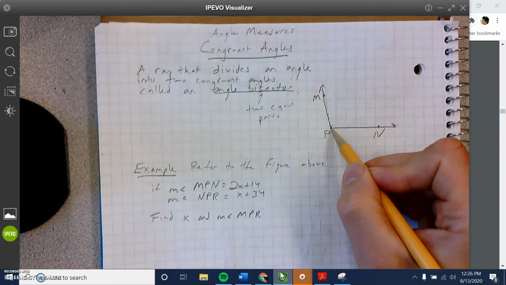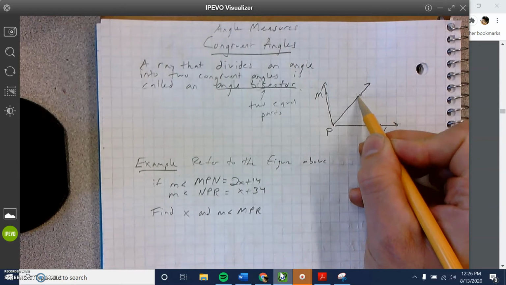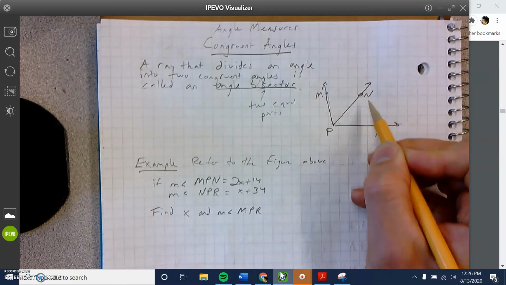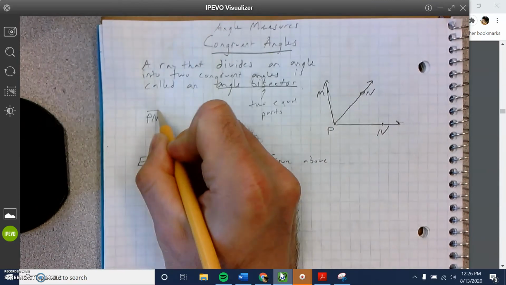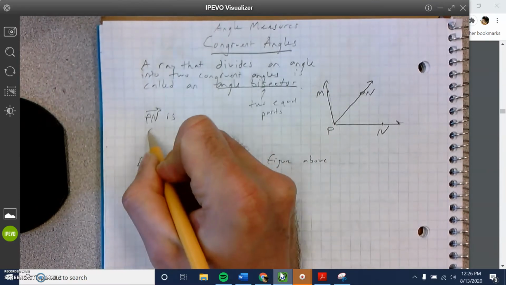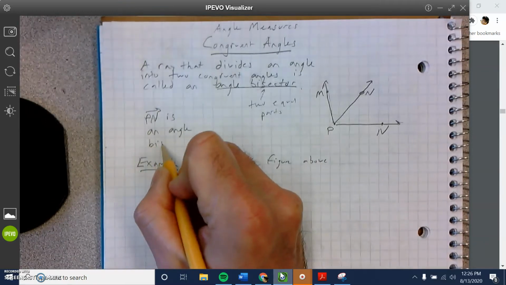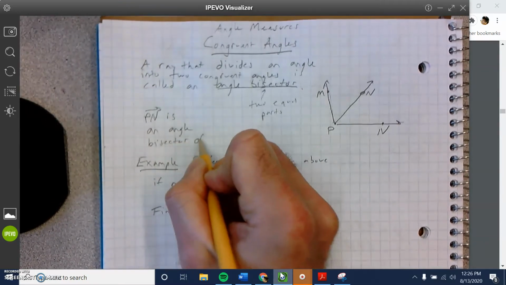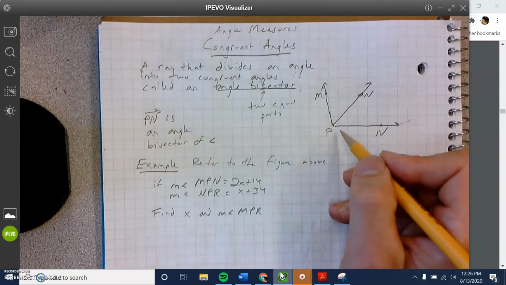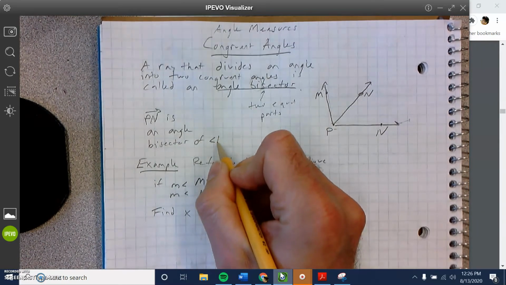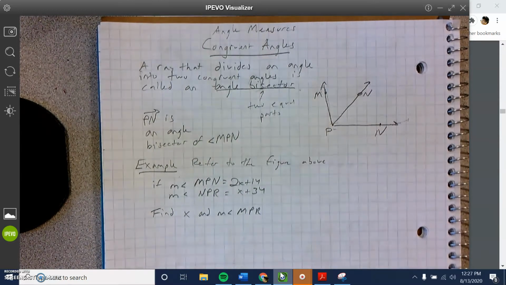So if I now have this angle here, I'm going to draw an angle bisector. So ray PN is an angle bisector of this big angle here, this obtuse angle, MPN, or NPM, whatever you want to say.